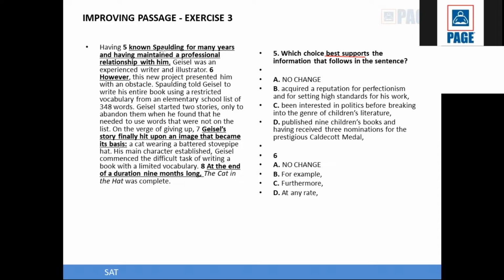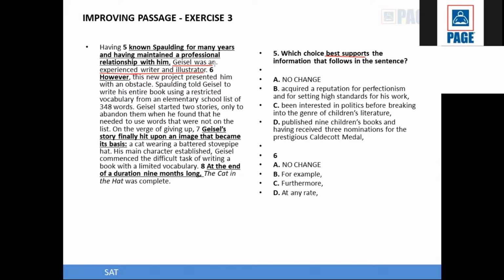Now here, having known Spalding for many years and having maintained a professional relationship with him, Geisel was an experienced writer and illustrator. Now, we have got, he was an experienced writer and illustrator. So the question is that follows in the sentence. When they wrote follows in the sentence, what does this word mean? That is what they are asking.